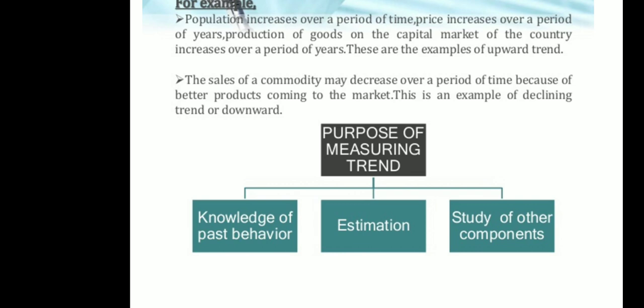Similarly, the sales of a commodity may decrease when the price increases, because of better products coming to the market, or maybe some increase in the price also. This is the downward trend.